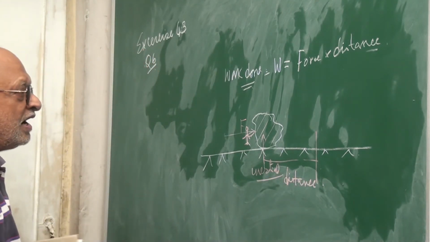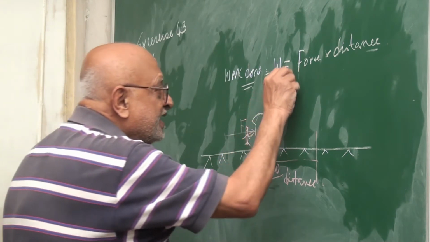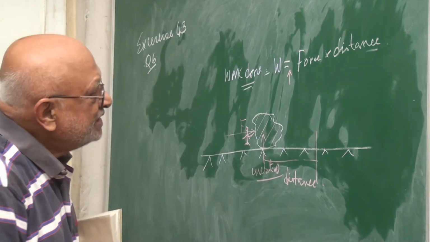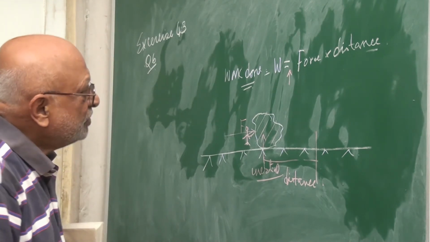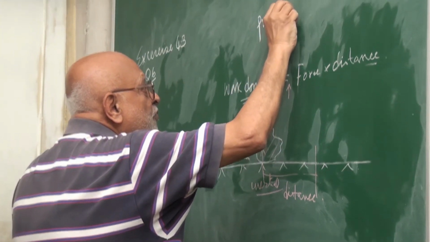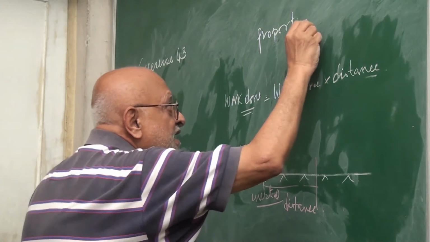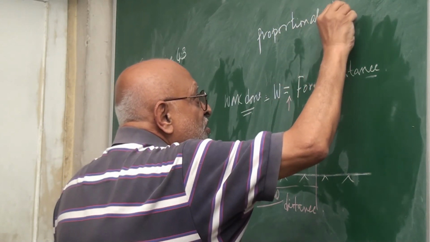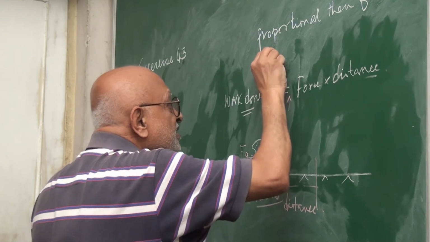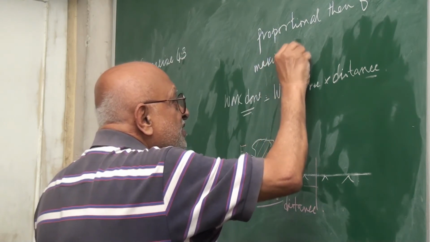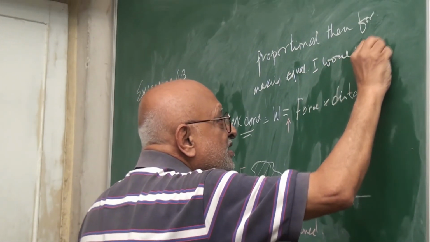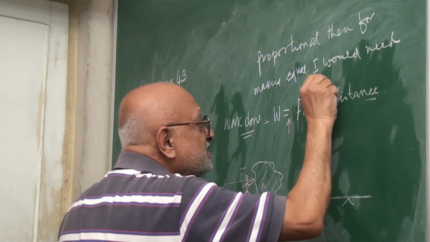I have already equated it, but the question says it is directly proportional. Now the confusion is, if you call it proportional, then to make it equal I would need a proportionality constant.